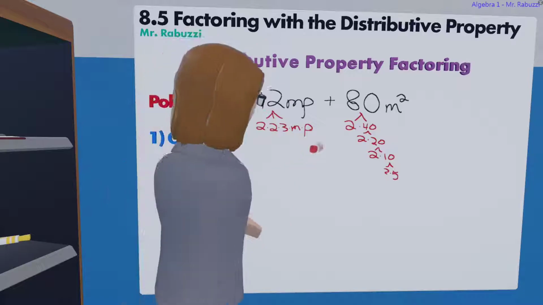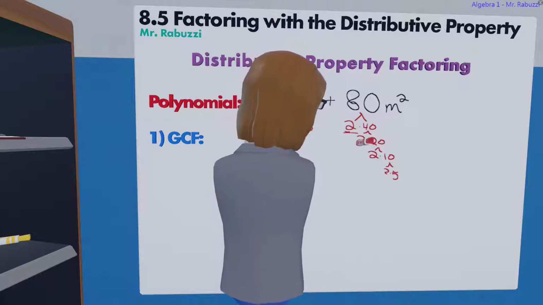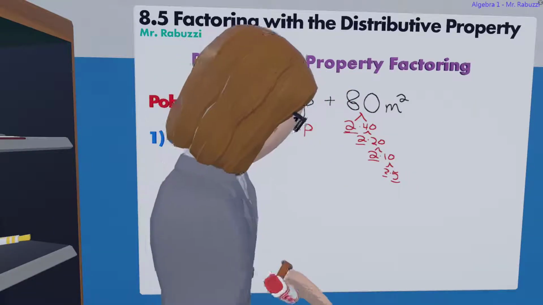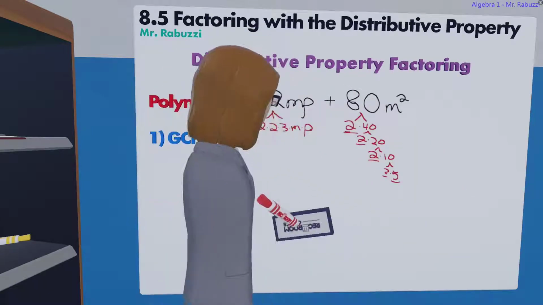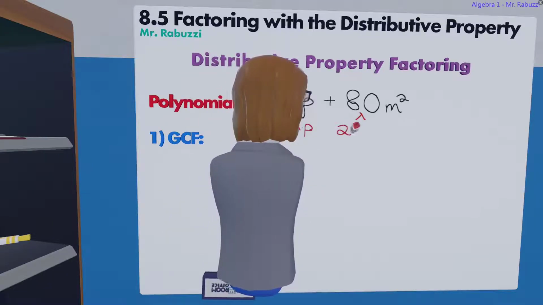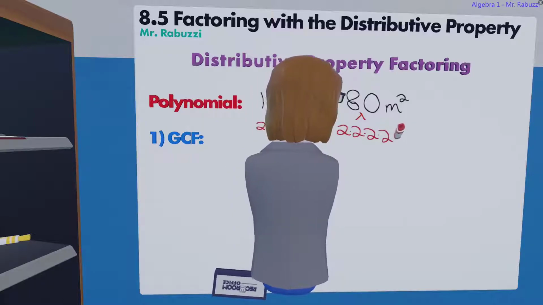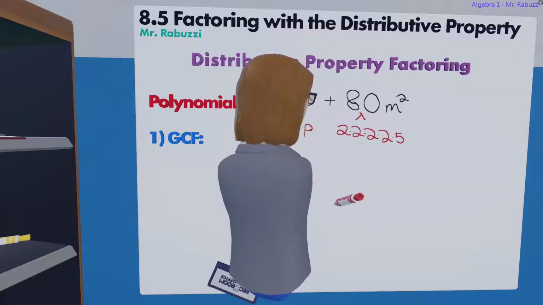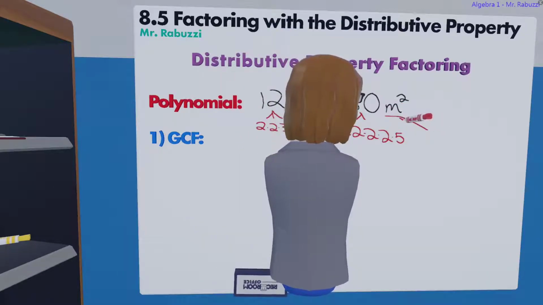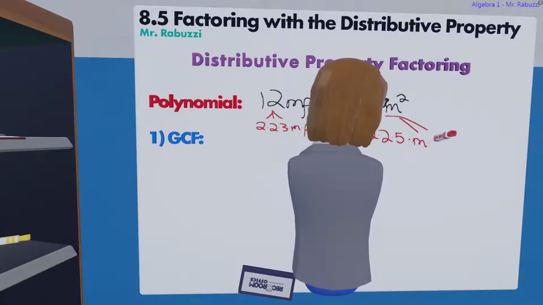The ends of my branches are 2, 2, 2, 2, and 5. So I'm just going to write 2 times 2 times 2 times 2 times 5. That's the number factored, and then I need to factor this m squared, so there are 2 m's multiplying here.